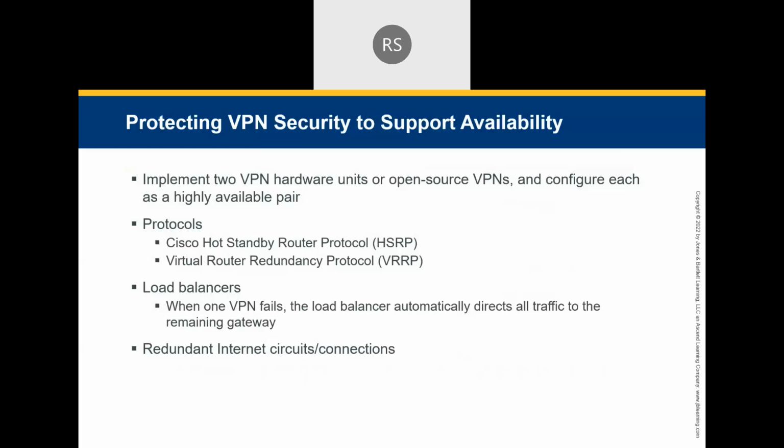So by having multiple internet connections from different providers or a diverse path, this ensures resilience against a network outage or link failures. The redundant internet circuits help maintain VPN connectivity, even if one of the connections experiences downtime or connectivity issues.